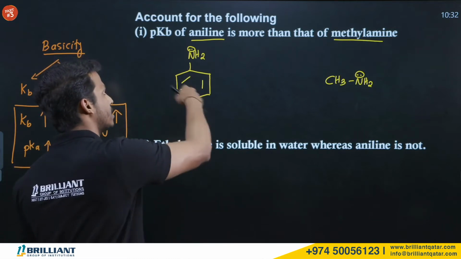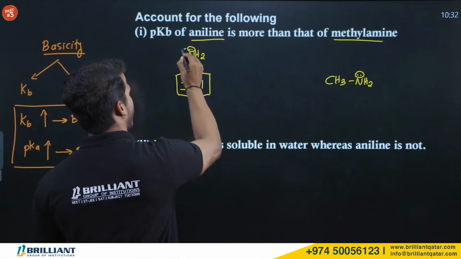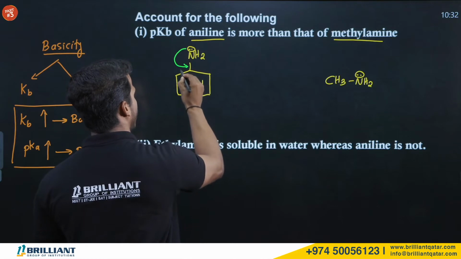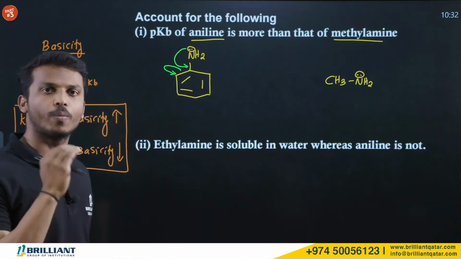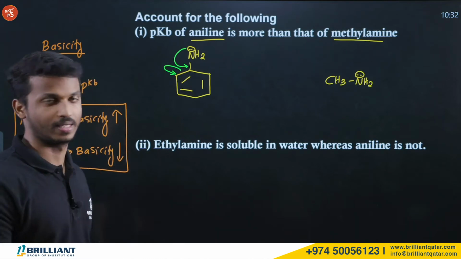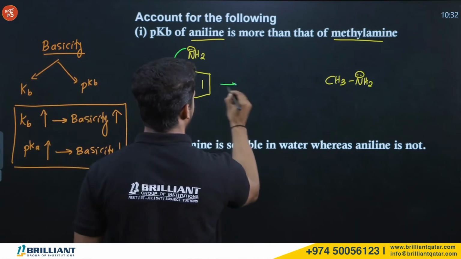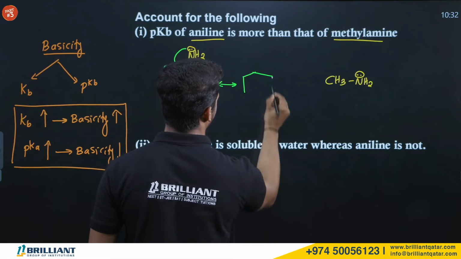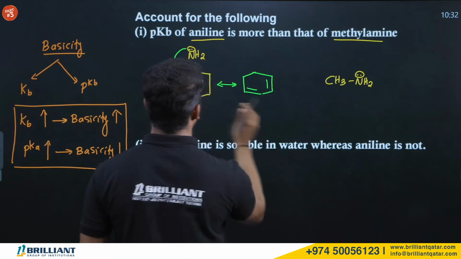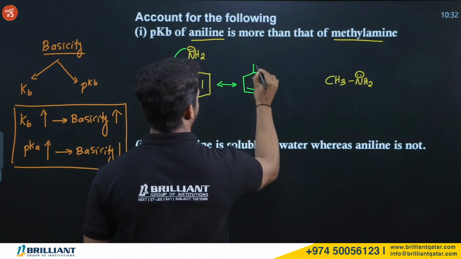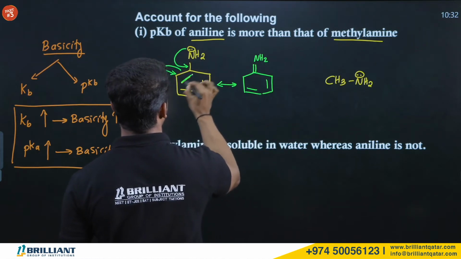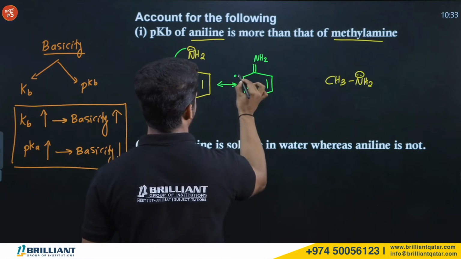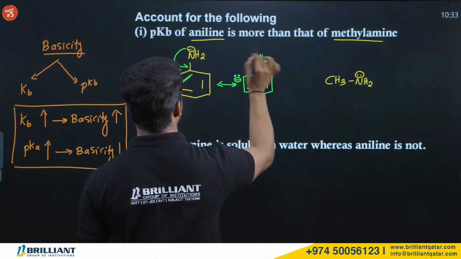You know, the benzene ring is highly conjugated. The lone pair on nitrogen is shifted like this and it will undergo resonance. You know how to draw the resonance structure of the compound. We get these two double bonds, nothing happens. Here it becomes a double bond, NH2, right? And this bond shifts here. So it will get the electron with a negative charge, and here a positive charge.